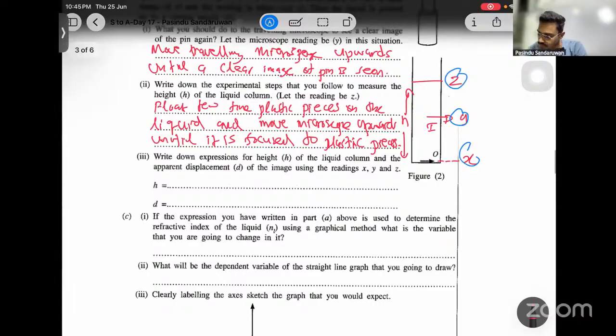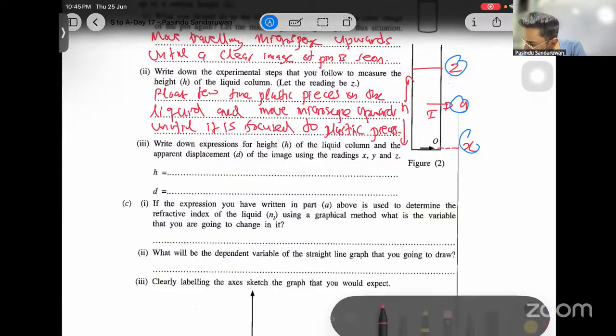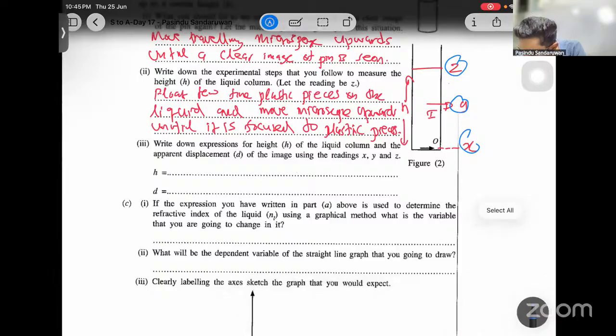Now, write down expressions for the height h of the liquid column and the apparent displacement d of the image using the readings x, y, z. We know apparent displacement is the difference between real depth and apparent depth. The apparent displacement is from here to here, d.